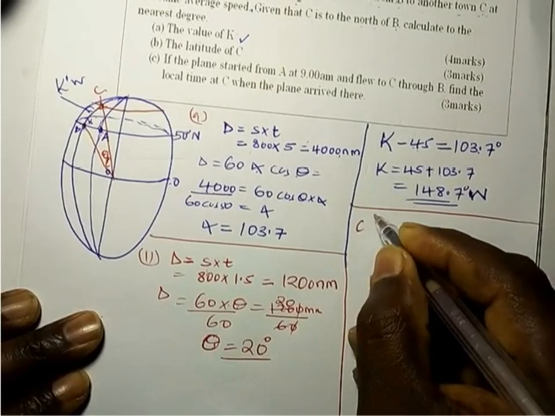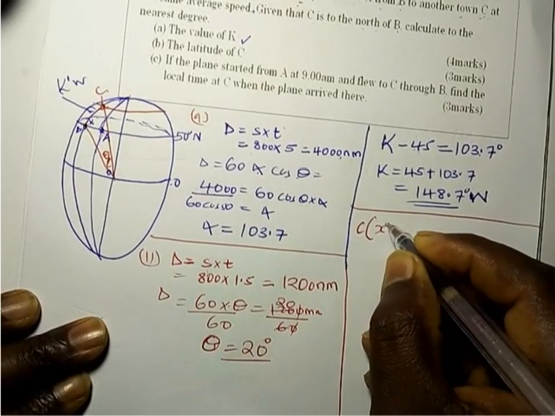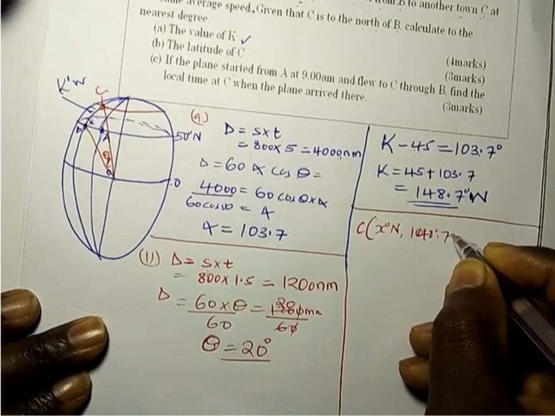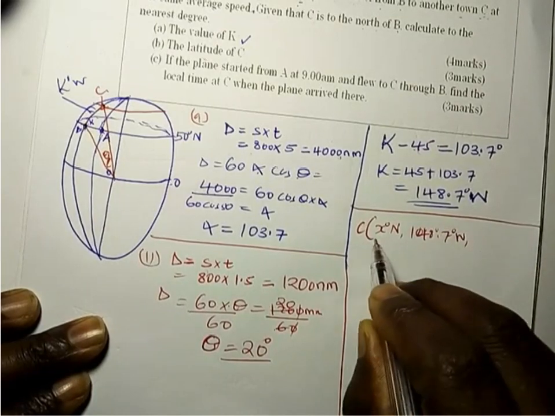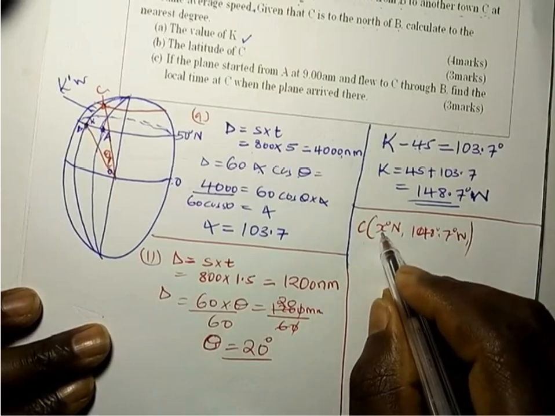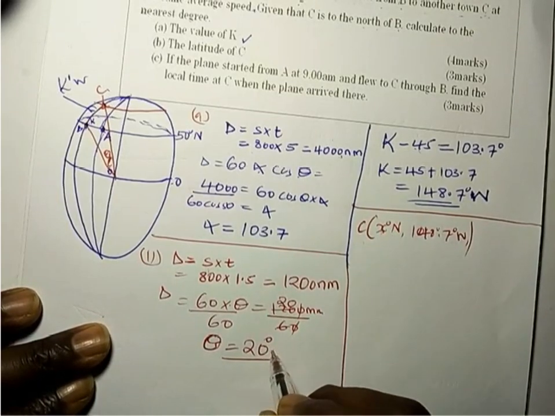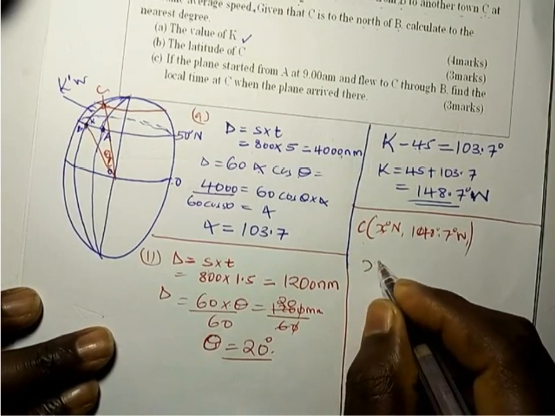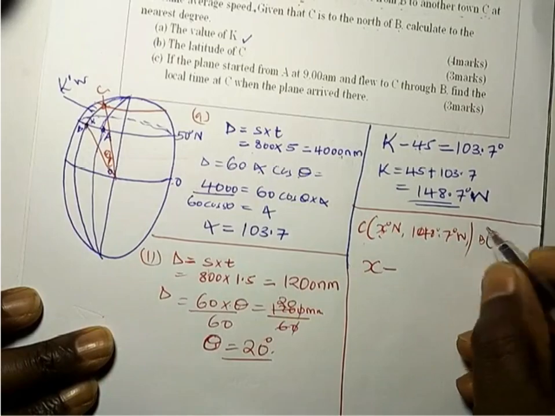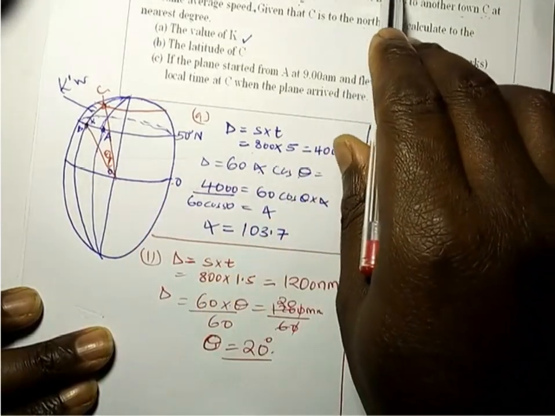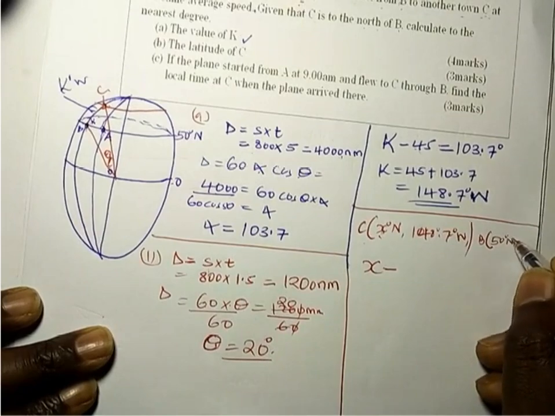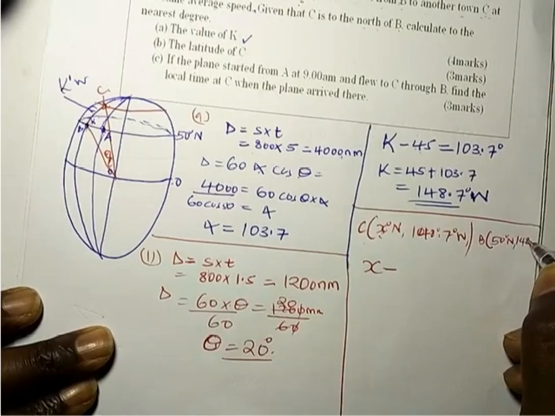So C is on X degrees north, 148.7 degrees west. That is where we have C, right? So we want to get this C. The angle difference is this after subtraction. So it means X minus that of B. B is on 50 north, 148.7 west.